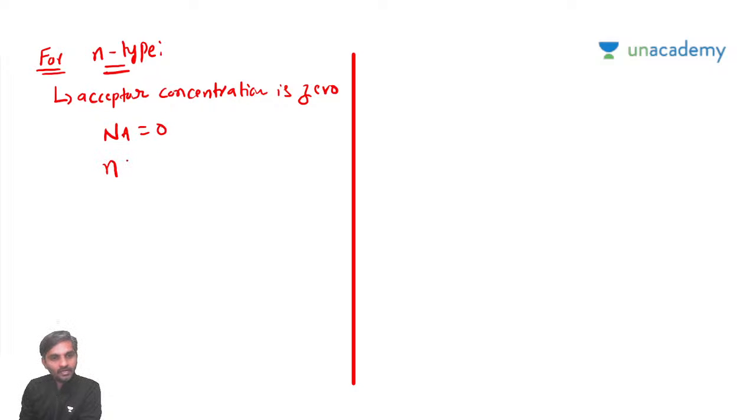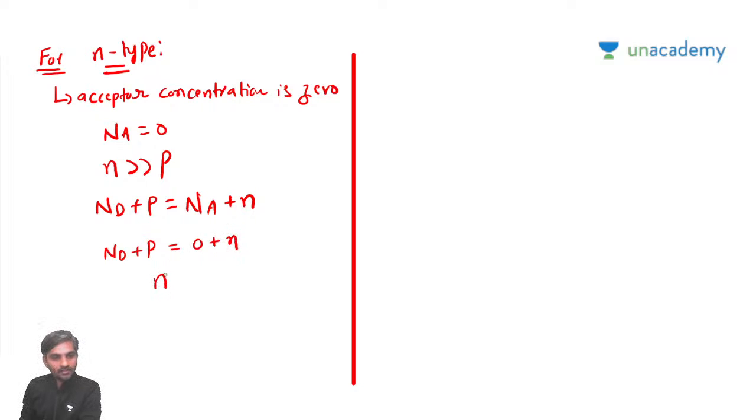It means n is far greater than p. So from the law of electrical neutrality we know that Nd plus p is equal to Na plus n. So this is going to be Nd plus p is equal to 0 plus n.